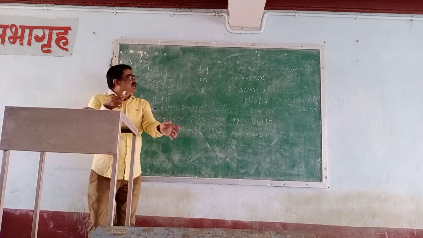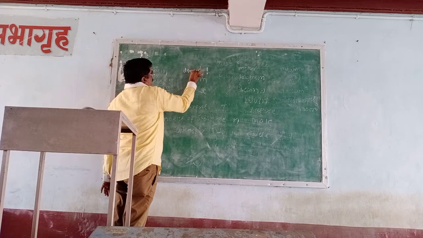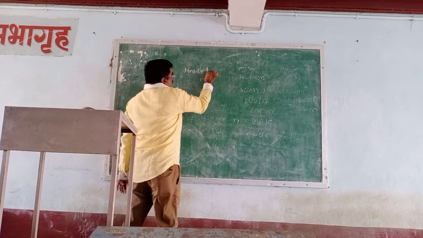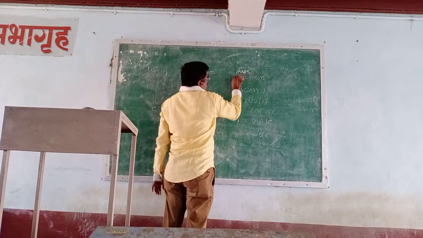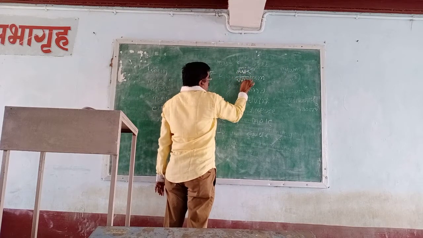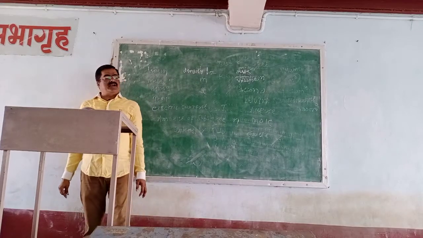The SI unit of density is equal to mass by volume. मग density चा SI unit काय आहे मग?